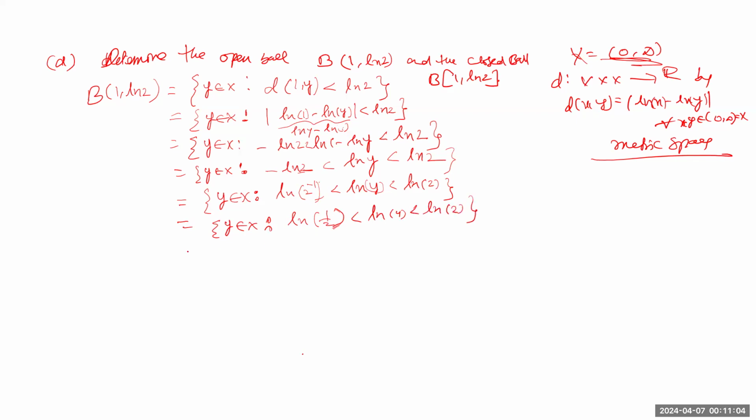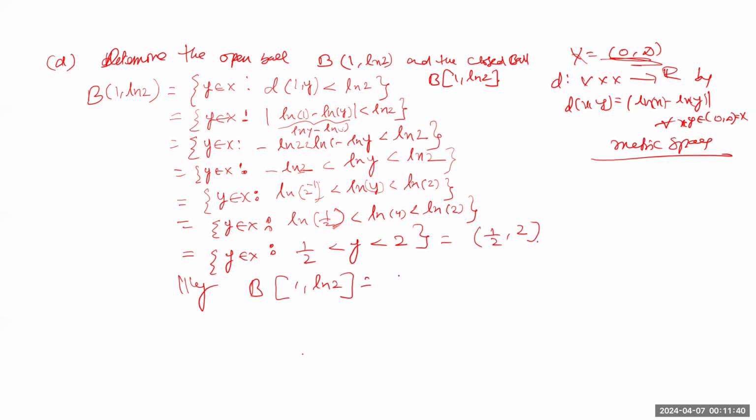You can remove the ln: the set of all y belonging to X such that 1/2 is less than y is less than 2. So this is an interval (1/2, 2), so this is an open ball. Similarly, you can verify the closed ball, with less than or equal, B of 1 comma ln2, which equals [1/2, 2]. So that is the first part.